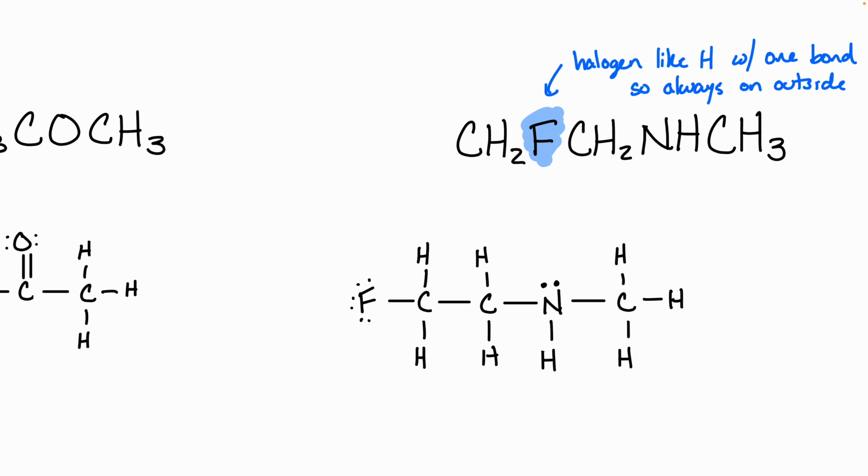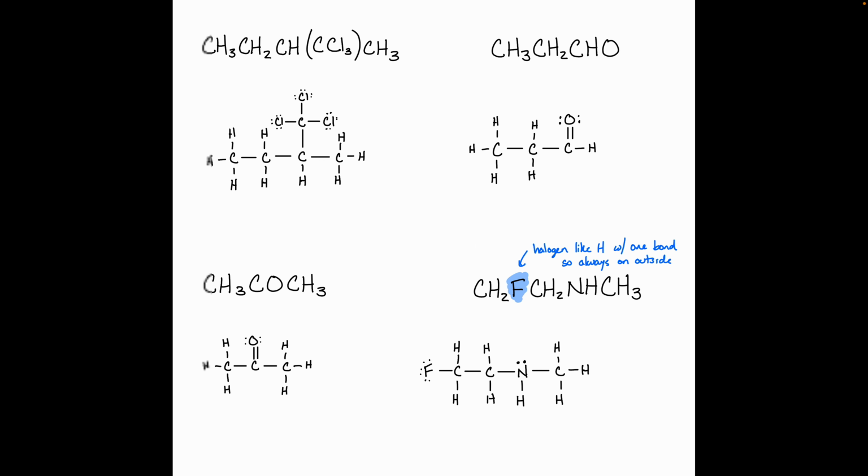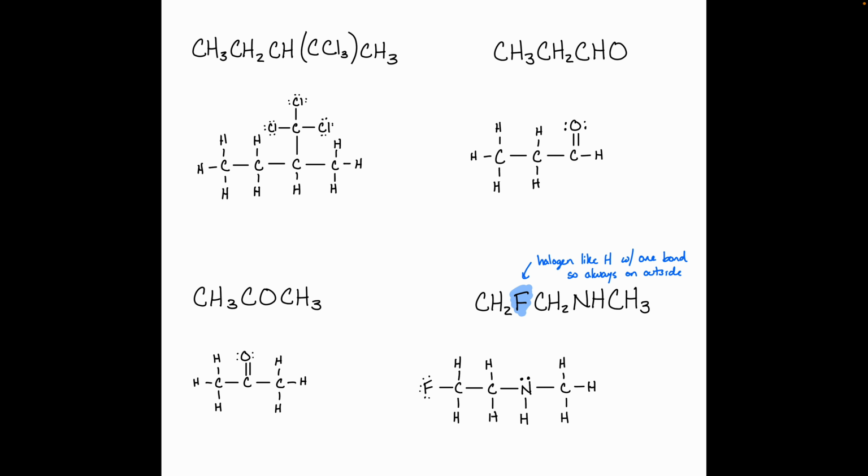Cool. All right, so here are our 4 examples. We have our condensed structure, and then we drew that Lewis structure by reading that condensed structure. All right, and again, you'll get very good at this as time goes on. Y'all are just starting out. A little bit of trial and error is going to happen. Again, the most important thing is that you make sure you don't violate any octet rules.